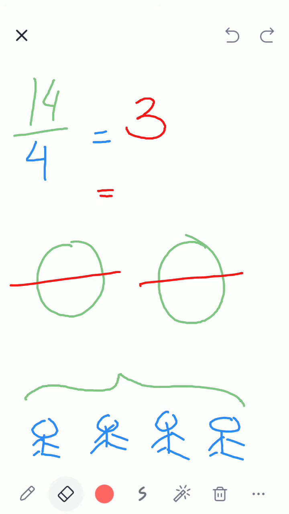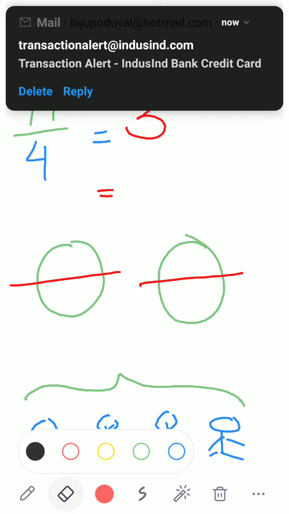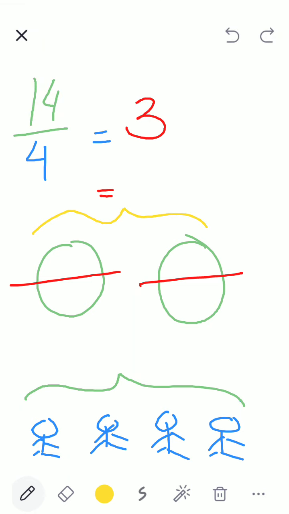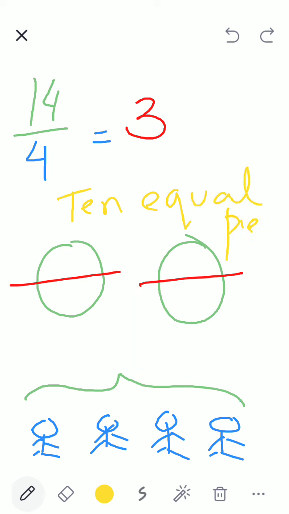So children, remember always, when I want to convert into decimal and I get remainder 2, what was this remainder 2? This was remainder 2, correct? I will divide whatever is remaining into 10 equal pieces.